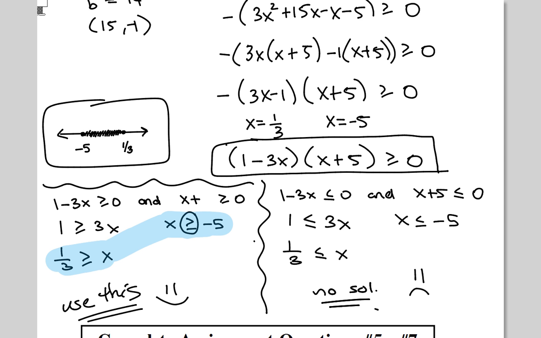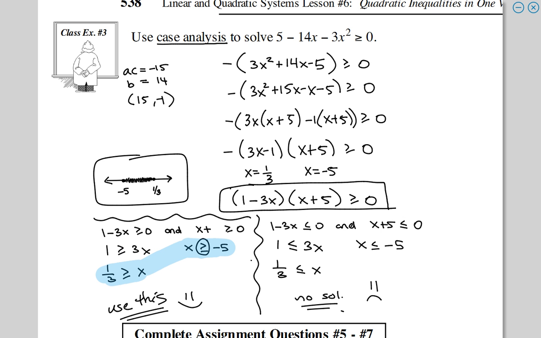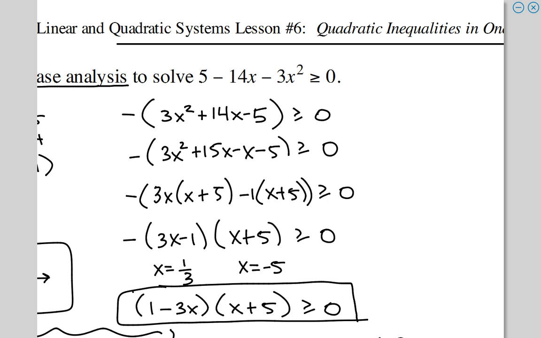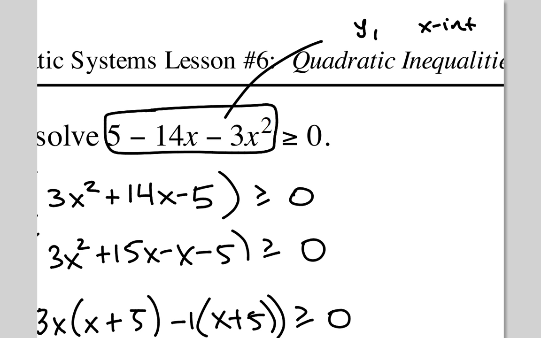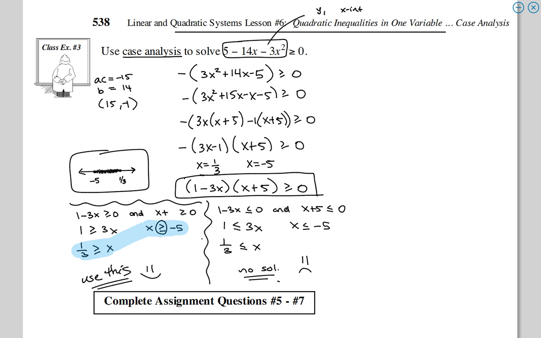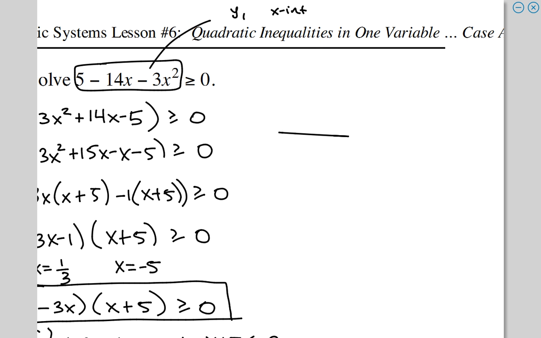Now, all this algebra is just a real fancy way of doing what most people can do, no problem. Throw this into y equals and find the x-intercepts and analyze it. Where's the graph bigger than 0? Okay. And because this thing opens down, what are the intercepts?